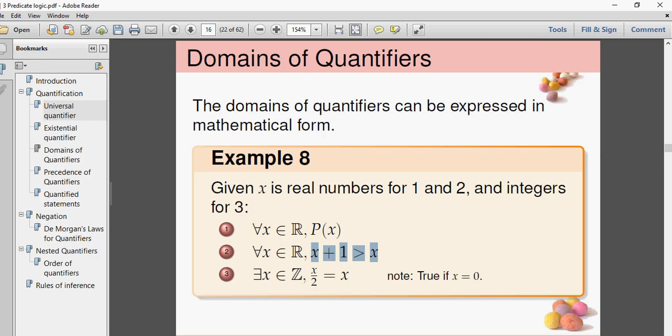There exists x belonging to Z, x divided by 2 equals x. Note that it is true if x equals 0, as shown previously.